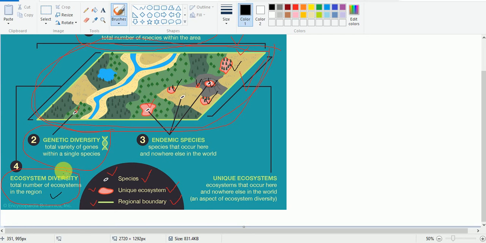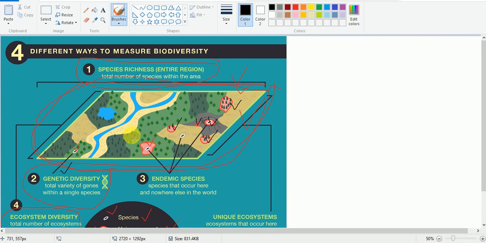Then genetic diversity means total variety of genes within a single species. Then species diversity refers to the total number of species within an area.